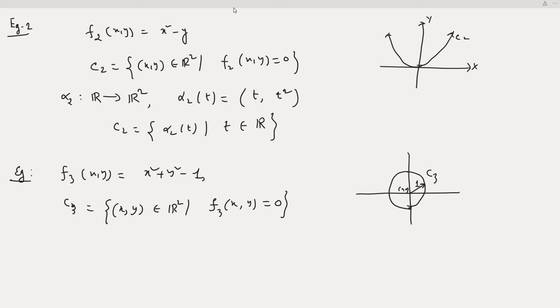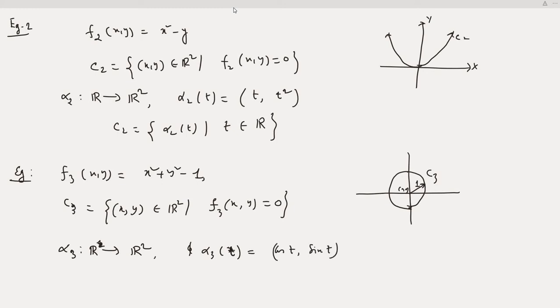Similarly, one can define a function alpha 3 from R to R2, defined by alpha 3 of t equal to (cos t, sin t).